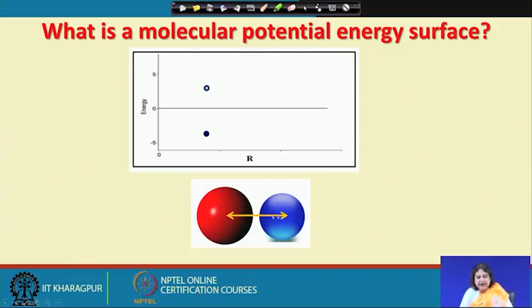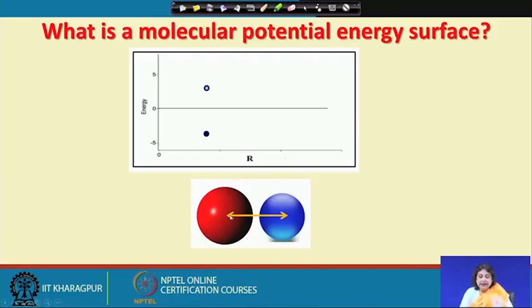Now, if I fix it at this particular value of R, this is the ground electronic energy obtained by solving the Schrodinger equation, and this is the first excited electronic energy obtained from solving the same equation.